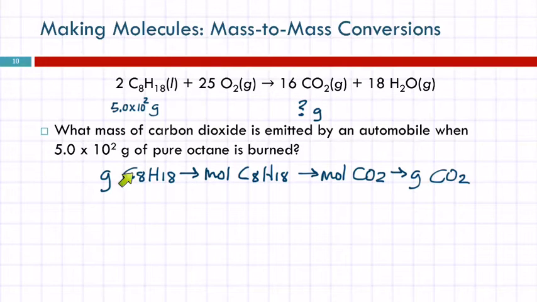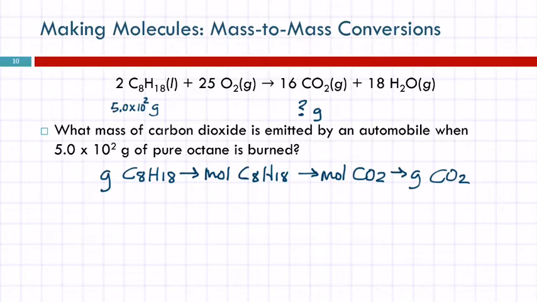We go from grams of octane to moles of octane because we only want to change one thing at a time. Here we're not changing the compound, we're just changing the unit from grams to moles. And then from moles of octane to moles of CO2, we can do that using the coefficients up here. Again, we're only changing one thing. Now the unit is the same, but the substance is different.